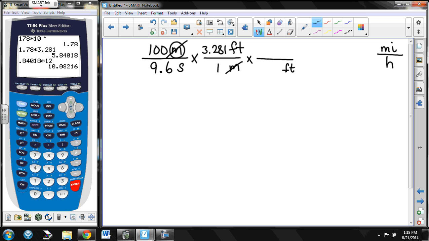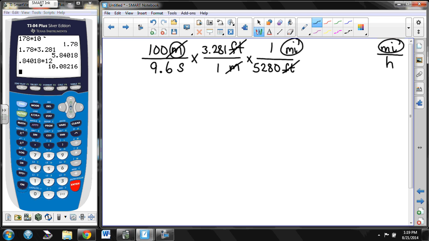We want miles to be on the top for our answer, so we're going to have to put miles on the top of our conversion factor. I know that 1 mile is 5,280 feet. If you didn't know that, you could look it up. So now by using this fraction, we can cancel out feet, and we will have miles, which is what we want as the top part of our answer.